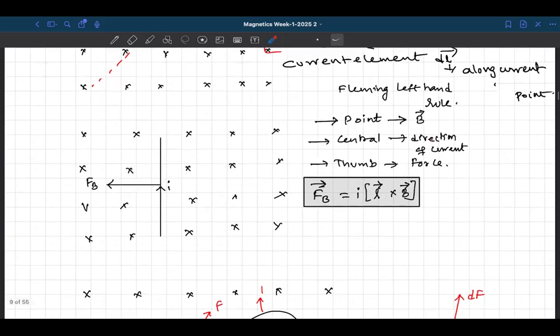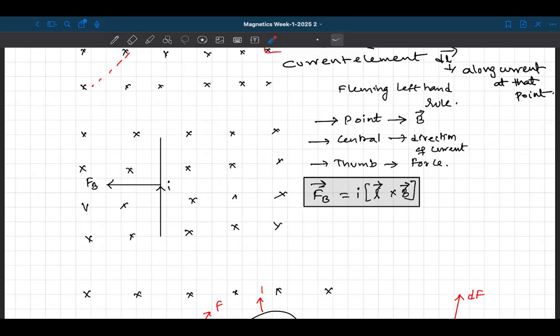For example, if you have a straight current carrying conductor like this, and the inward direction is B, you again stretch the left hand three fingers, with the pointing finger into the plane of the board and the central finger upwards.